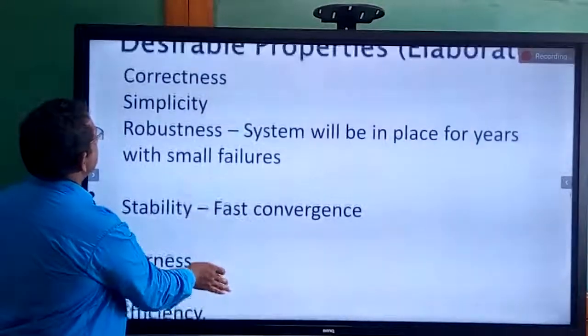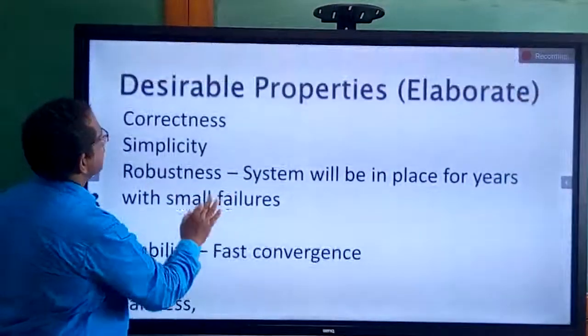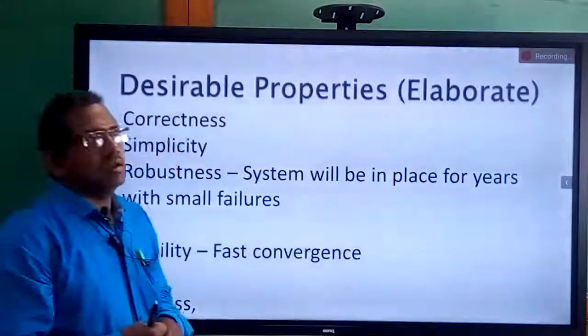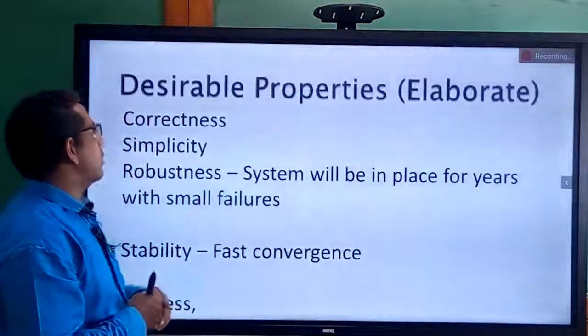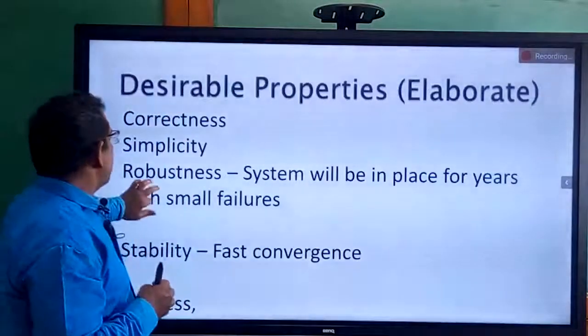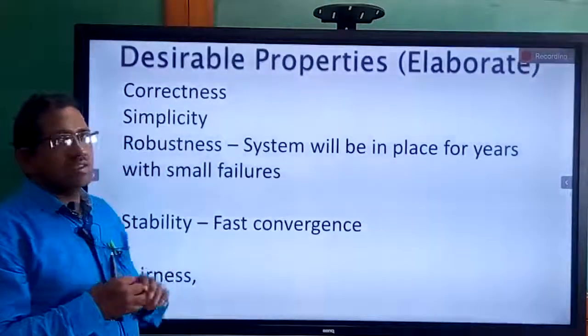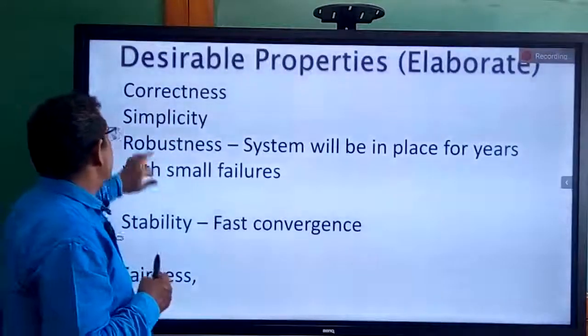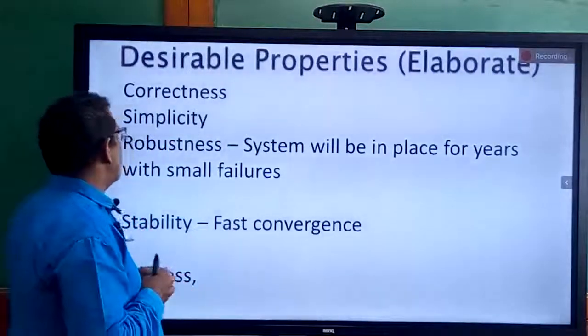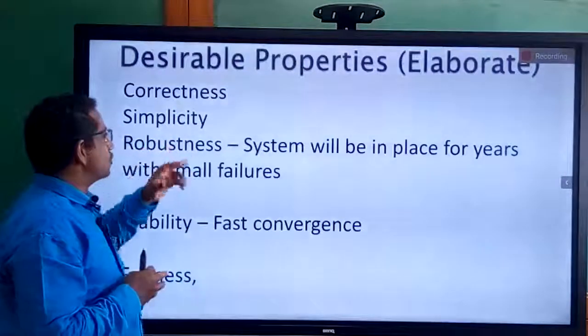So we'll discuss these things, like several other factors which are important. The properties of routing algorithms. What are the properties of routing algorithms that we need to satisfy? The routing algorithm should be correct, therefore correctness has to be satisfied. It should be simple for a router to undergo the routing procedure, and the system should be robust.